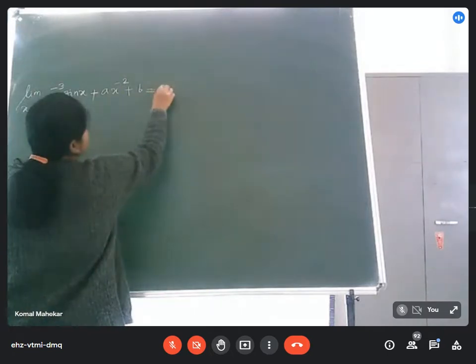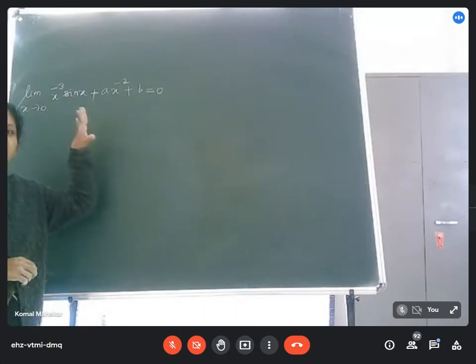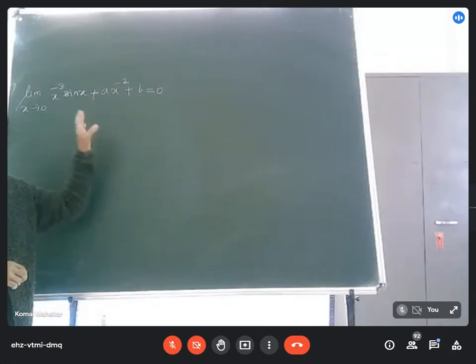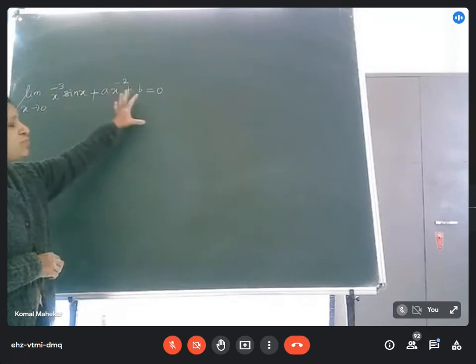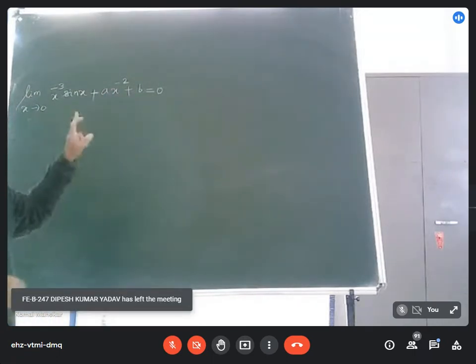So this is given to you. Limit of this function is given to you, in which a and b are constants, and here we have to determine only the values of the constants. What will be the values of a and b, such that limit of this function is finite and this is given as 0. Try to solve this problem.